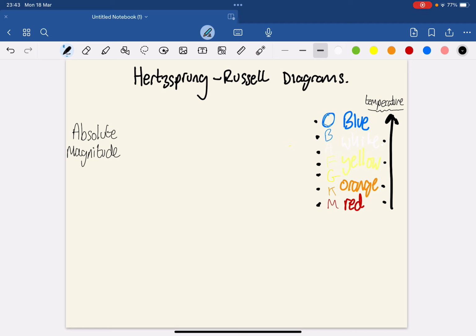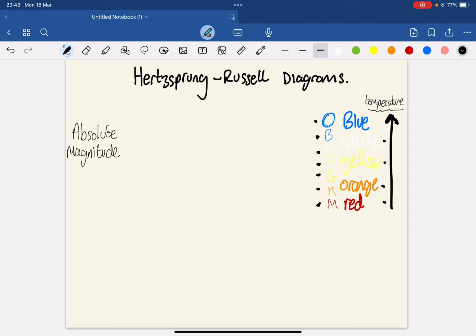And then we look at the idea of what we call absolute magnitude. Now, stars that appear closer to us will often appear brighter. So it doesn't really help with classification, especially with the temperature of stars. And so we look at an idea called absolute magnitude.